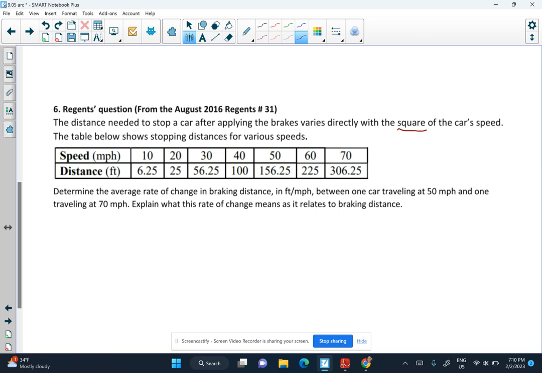Determine the average rate of change of braking distance in feet between one car traveling at 50 miles per hour and one car traveling at 70 miles per hour. Then they want you to explain what the rate of change means as it relates to the braking distance.